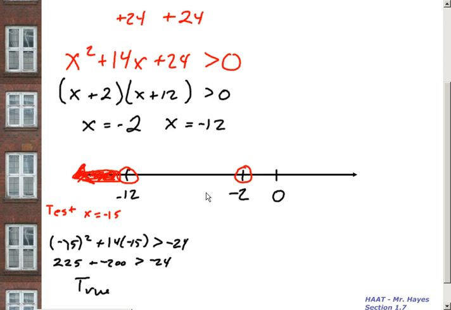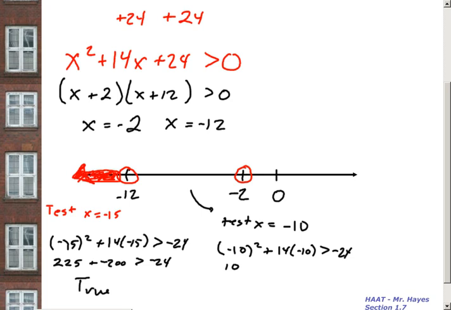We're going to test another point. So over here, let's test x equals negative 10. Fairly round even number. So I'm going to plug in negative 10 squared plus 14 times a negative 10, and is that going to be greater than negative 24?